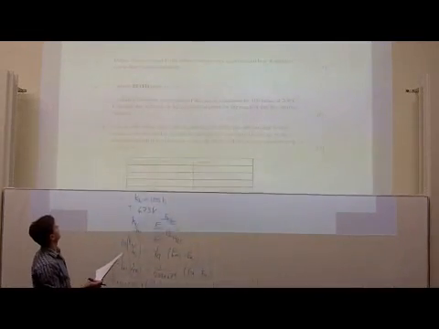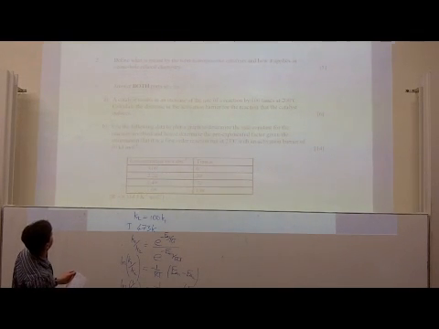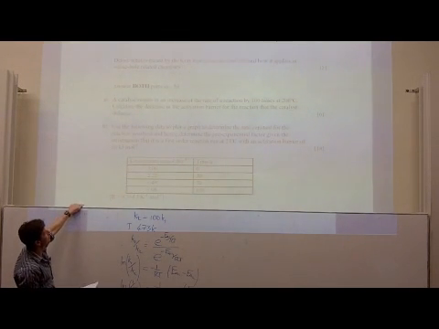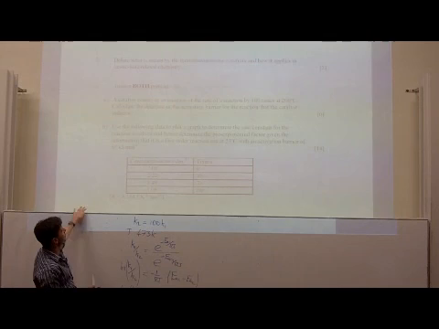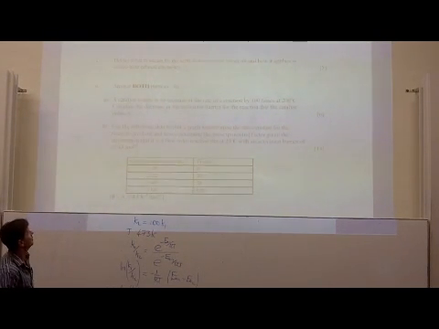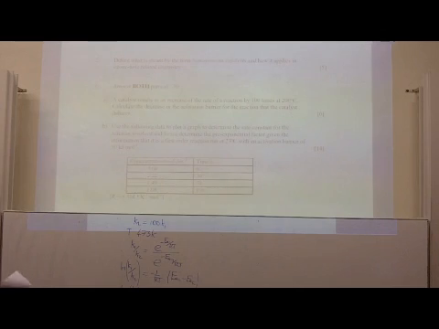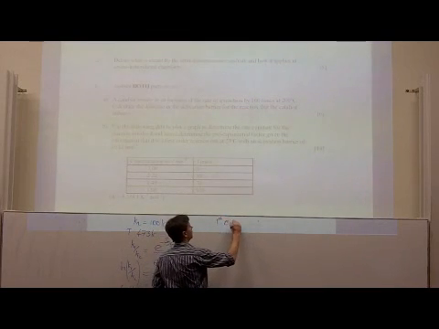Part B. Use the following data to plot a graph to determine the rate constant for the reaction involved, and hence determine the pre-exponential factor, given the information that this is a first order reaction running at 23 degrees C with an activation barrier of 50 kilojoules per mole. Okay, this is a question I come across very often. So, write down the important points. We've got a first order reaction.